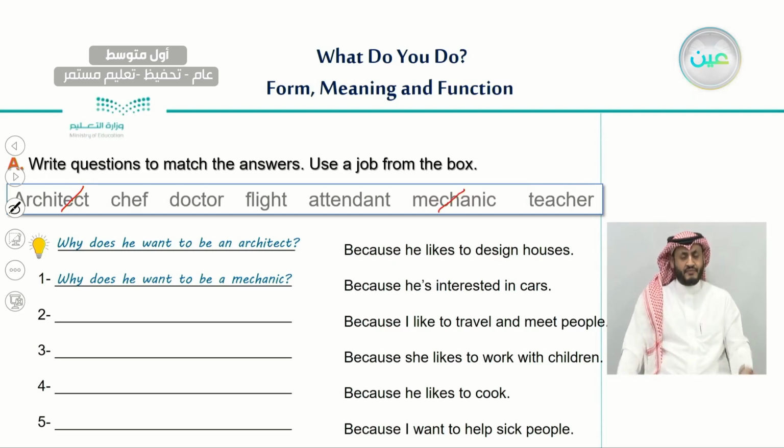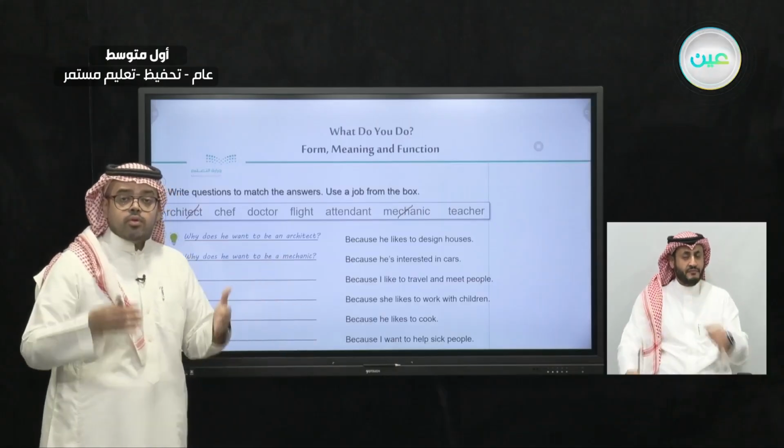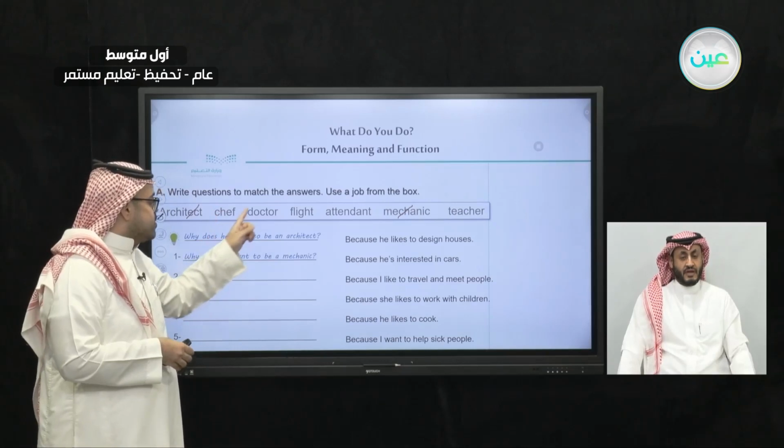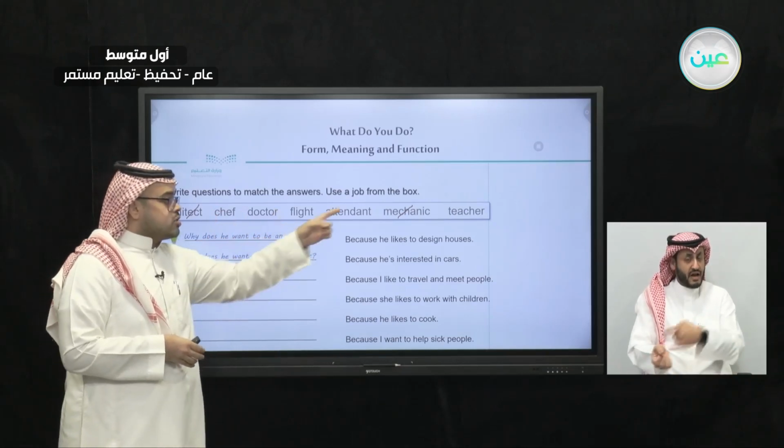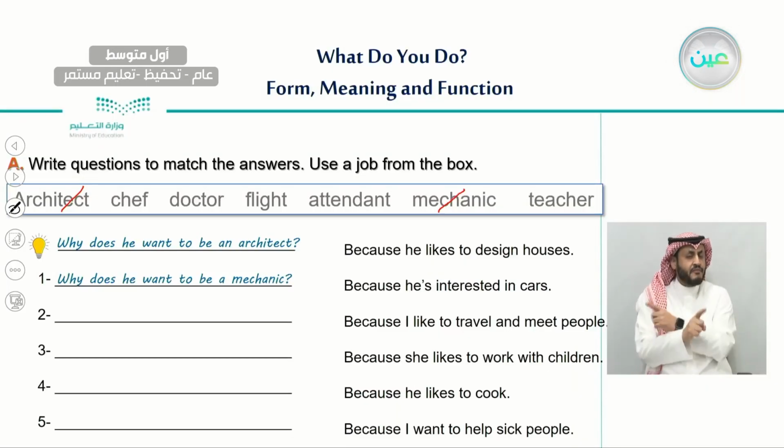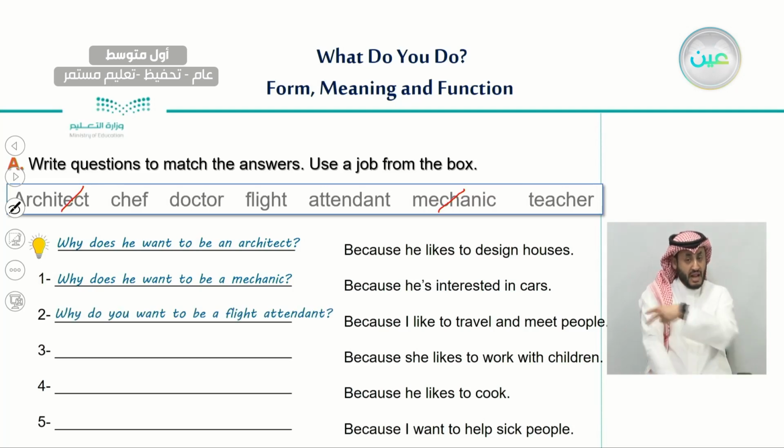Now let's move on to number 3. Because I like to travel and meet people. What kind of remaining job has the activity of traveling and meeting people? Is it the chef, the doctor, the flight attendant, or the teacher? Very good. It is the flight attendant.